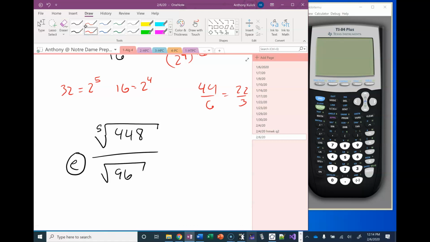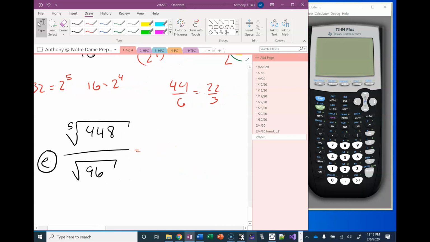So let's say we have the 5th root of 448 over the square root of 96. So I'm going to start here by doing some prime factorizations. I'm just going to write down the prime factorization, though. You'll just have to trust me that this is indeed what it is.